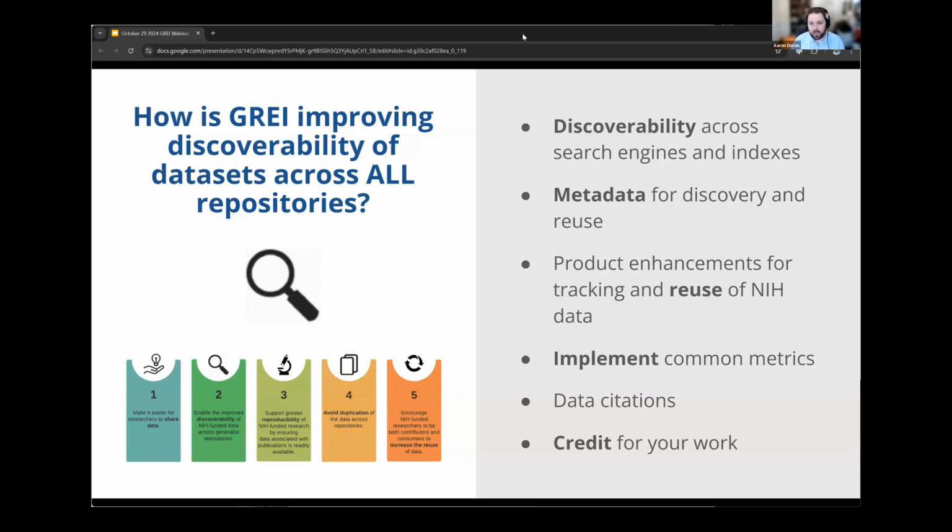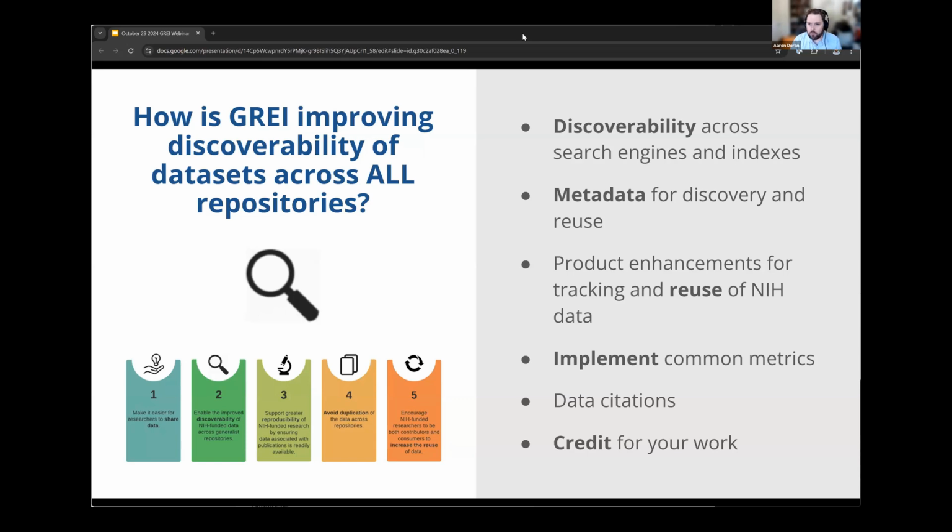We're all very easily indexed in DataCite, right? So that makes finding data sets in generalist repositories easier, and you can be confident that it will be findable because we are already working with these established players. Ensuring that we all have common metadata standards, so discovery and reuse is easier.